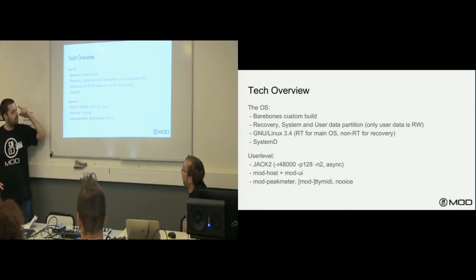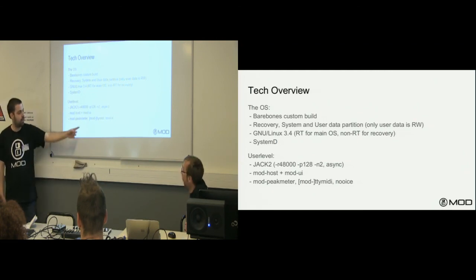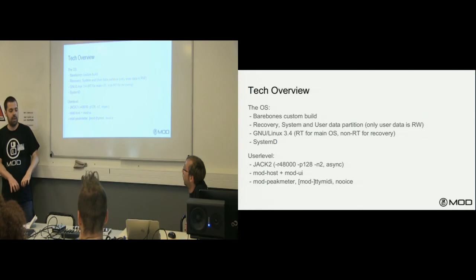On the user side, we use Jack2 for the audio server, running at 48k sample rate, 128 buffer size, and 2 periods per buffer. The main applications that run inside the units are mod-host, which is the host that runs the plugins.